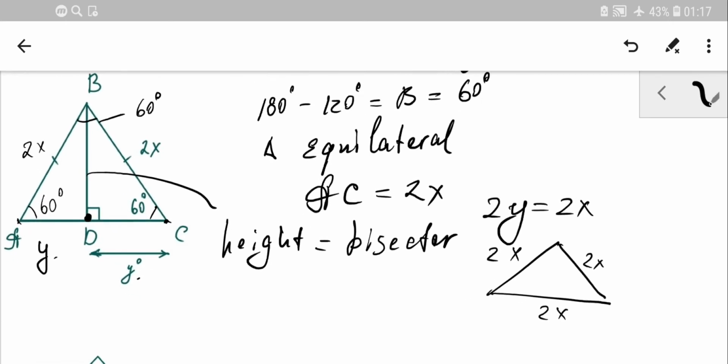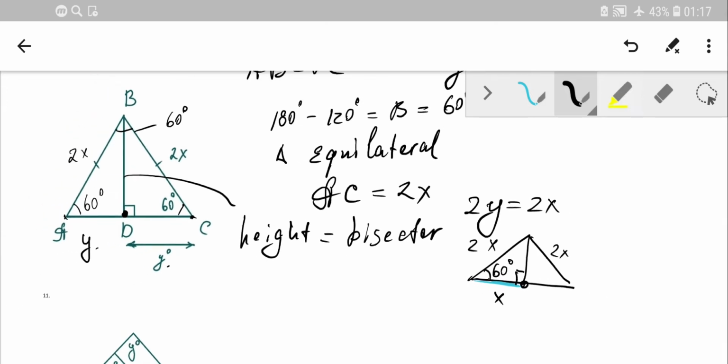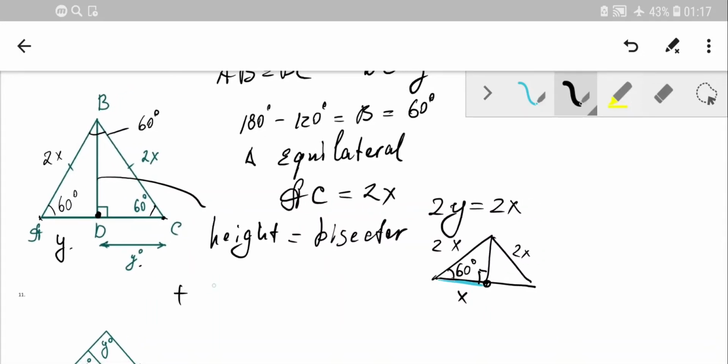We can consider a half of that, and this blue part is simply x, right? Because it's half. And we know the angle 60, so we can use trigonometry to figure out the x value.